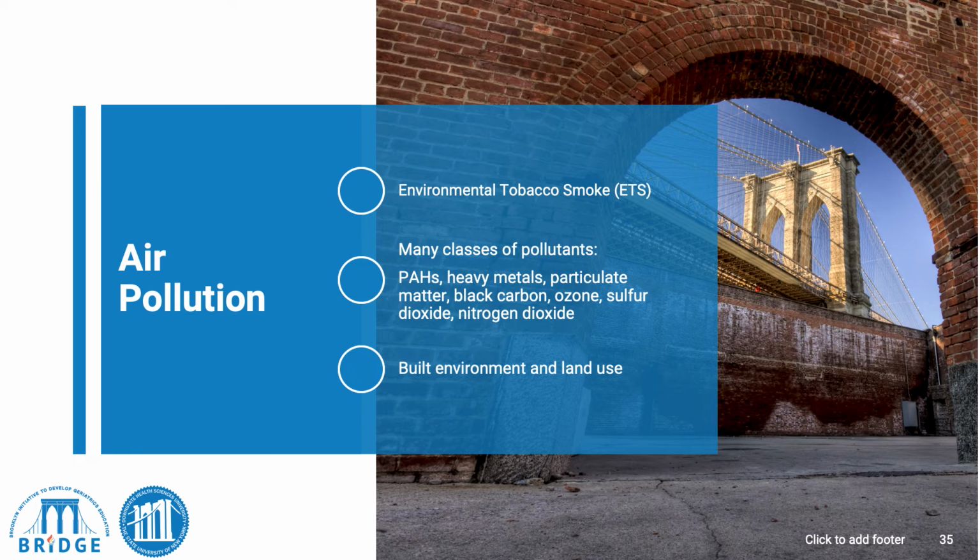PAHs, or polycyclic aromatic hydrocarbons, heavy metals are in the air, particulate matter. So that's basically just the size of a pollutant that can get into the lungs. And it can be a variety of things if it's not a specific chemical. Black carbon, ozone, sulfur dioxide, and nitrogen dioxide are common air pollutants that are studied at a large level.